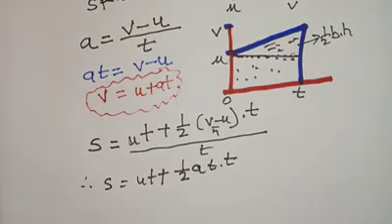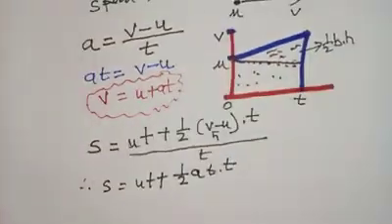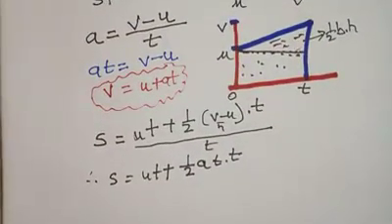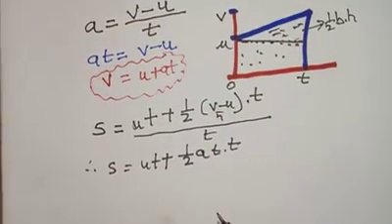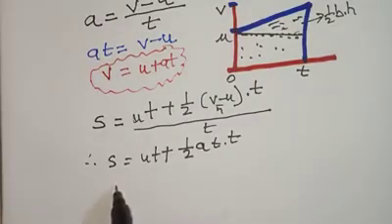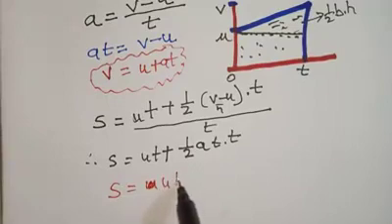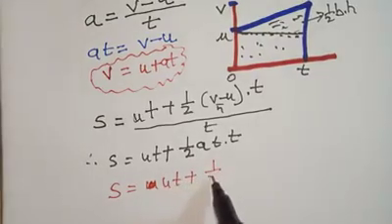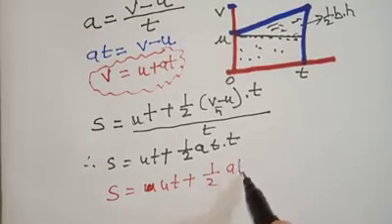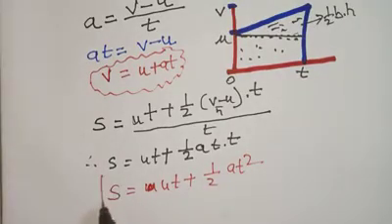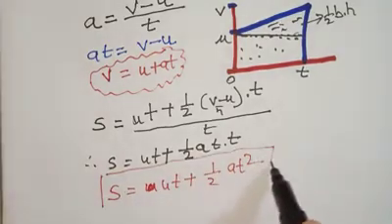And then we arrive at the second and most important formula. So we get from here s equals ut plus half of at multiplied by t, which gives half at squared. And this is yet another formula which we get.